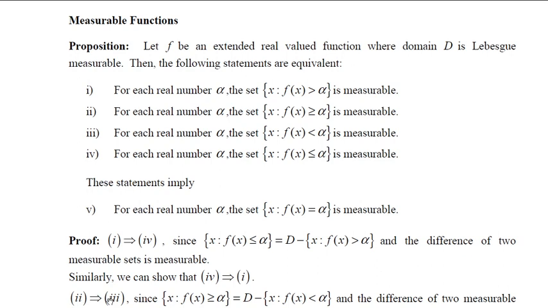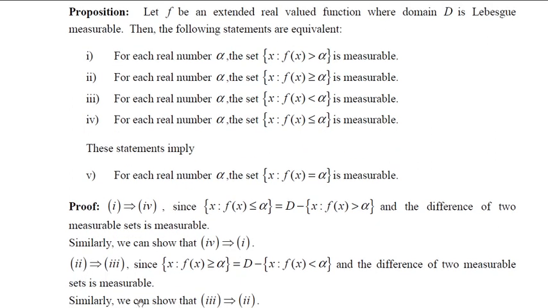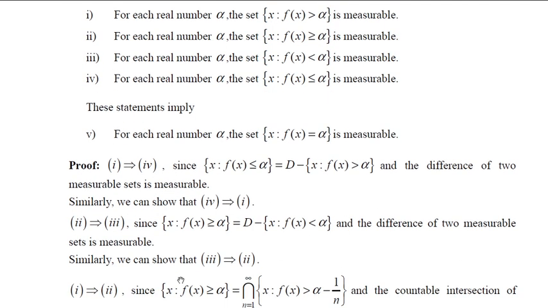In fact, this is 3 implies 2. Similarly, you can prove 2 implies 3 also. So this set, which is the difference between two measurable sets, is again measurable. This is 3 implies 2, and similarly you can show 2 implies 3.